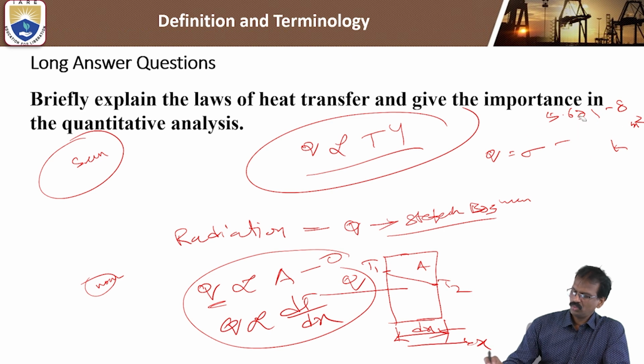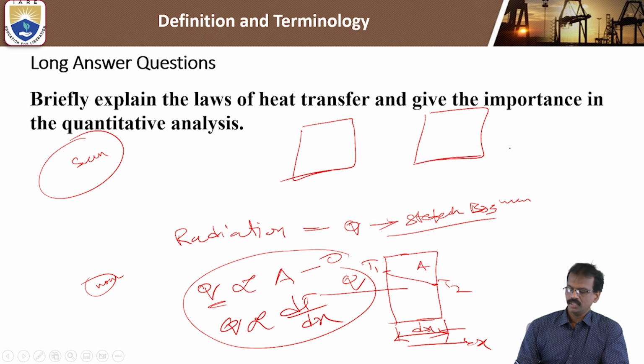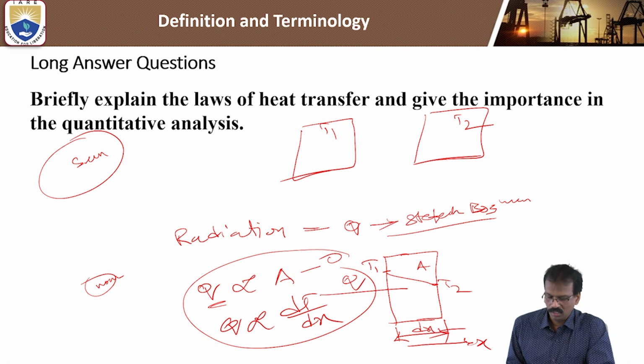Suppose there are two bodies, and heat transfer takes place between a black body and some gray body, both with the same area. This is the other body. The temperature is T1 and T2. Heat transfer takes place between these two plates by radiation, because there is no medium between these two bodies.